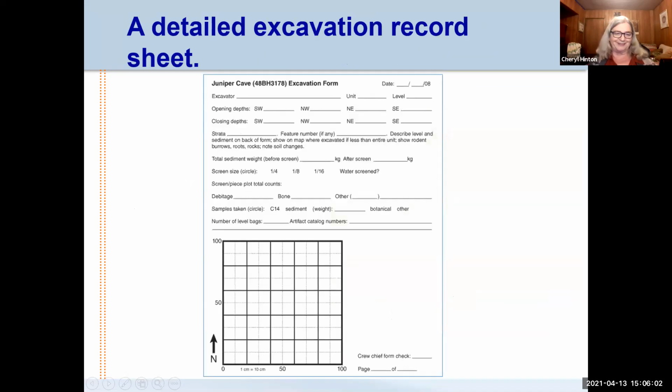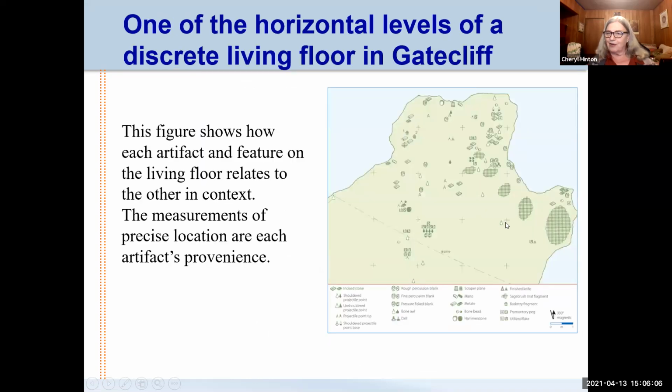And what is it next to? Some areas are scraper planes, where a certain kind of work is going on. Some areas are kitchens. So we can see that the precise location of these areas gives us not only the artifact's provenience, but its context to other artifacts.